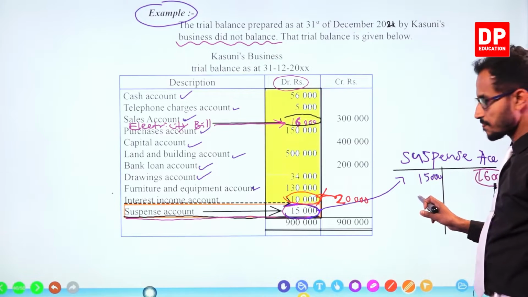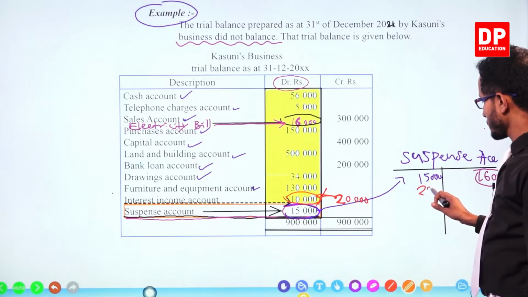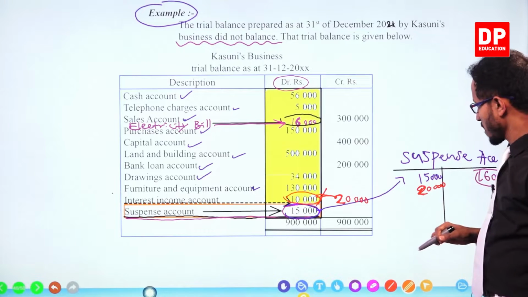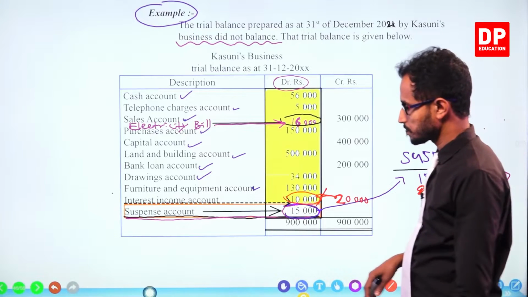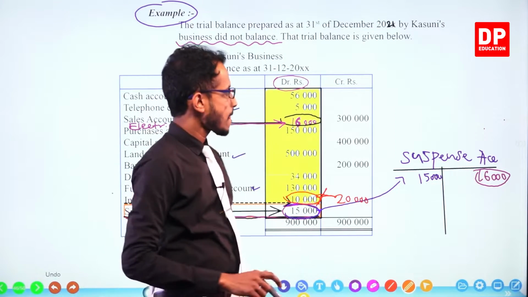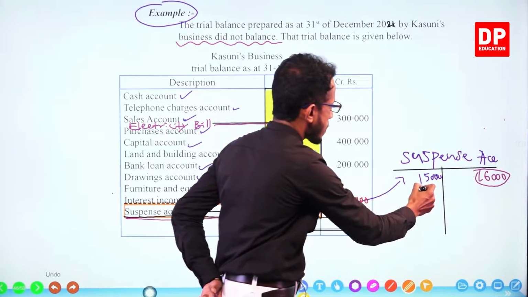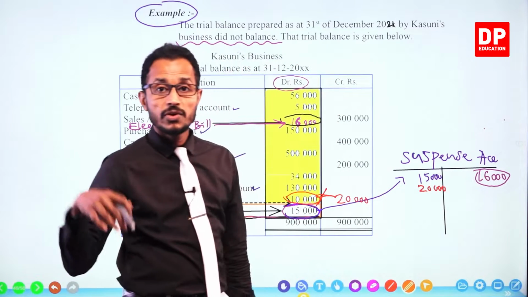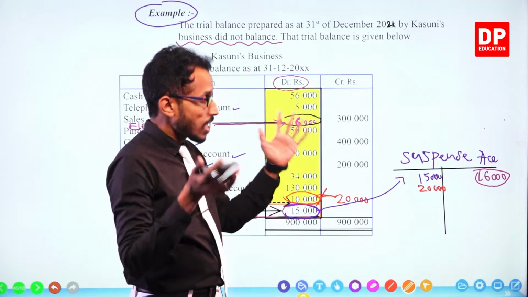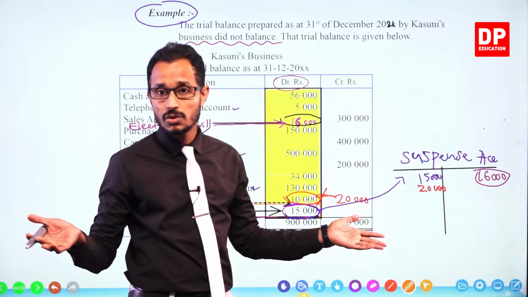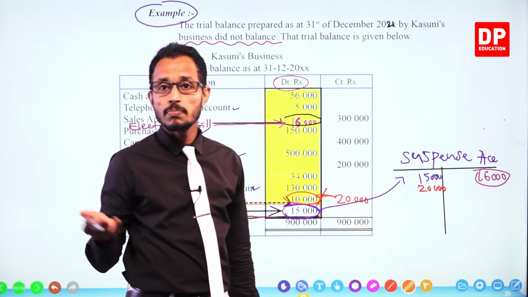It's here. Debit to the suspense account. Again, if you are worrying about the suspense account, now there are two entries in the suspense account. Still the suspense account has not balanced.